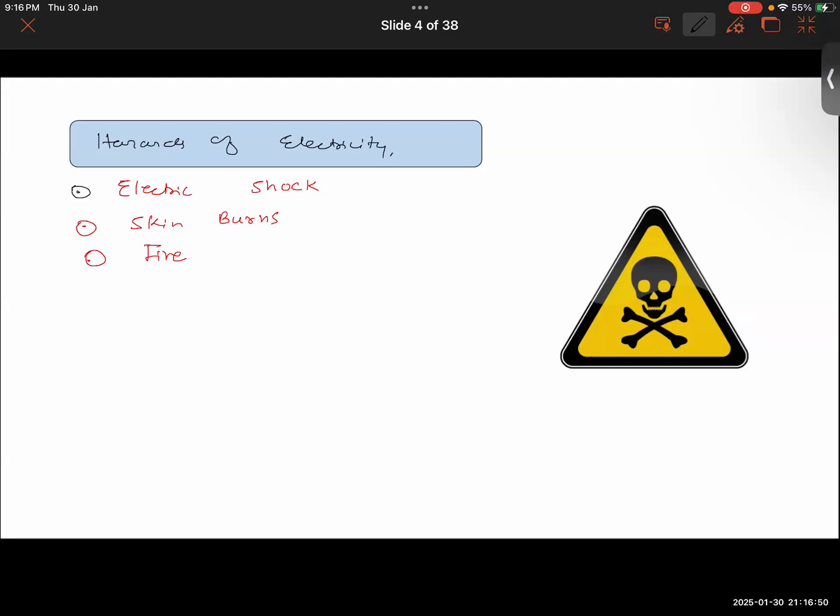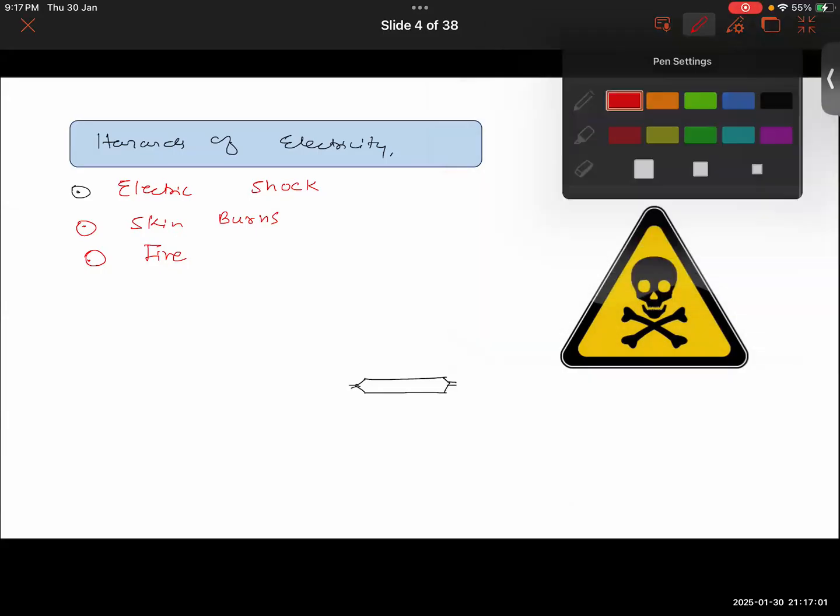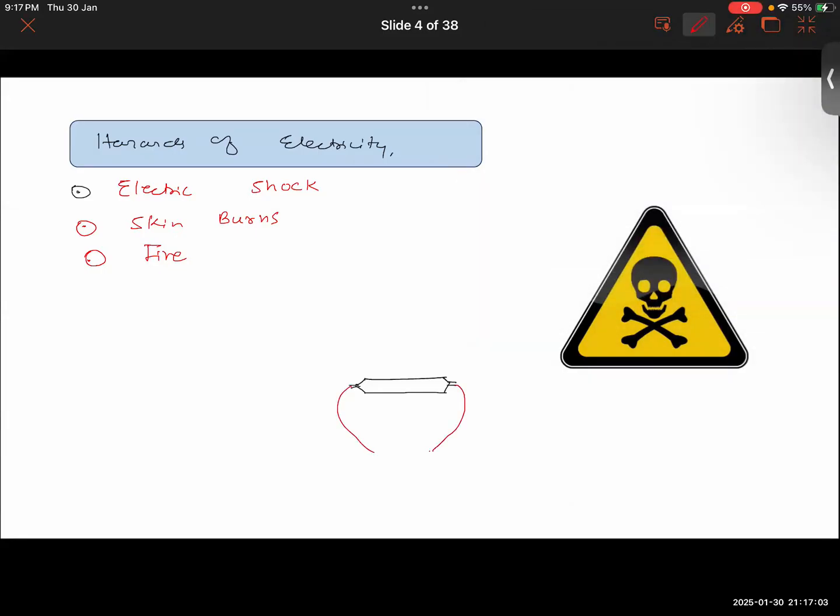If I connect the graphite with a wire, and on the other end connect it with a bulb, and I also have a battery or a cell to power it, then as the electricity passes through, the bulb will start to glow.